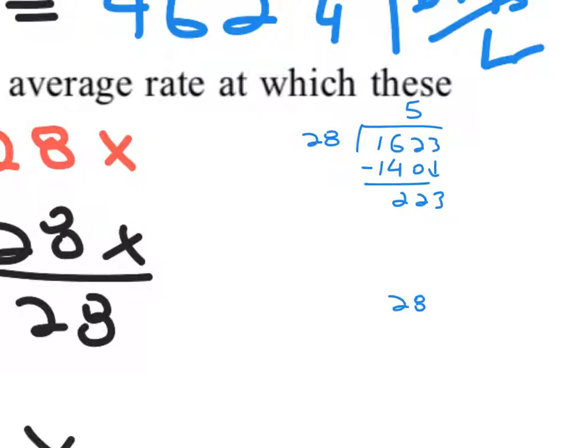Okay, 28 times 8. 64. 8 times 2 is 16. 22. Oh, it's so close. So close. It's 224 and I have 223, so it essentially rounds to 58, right? It's as close as we're going to get to any whole number.